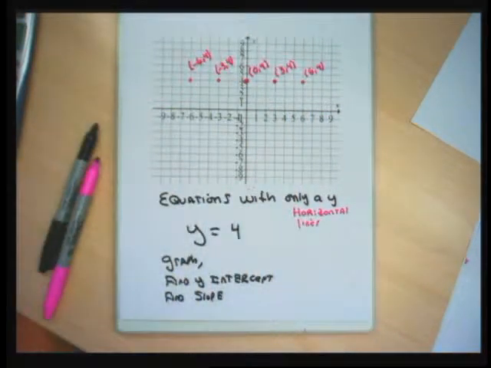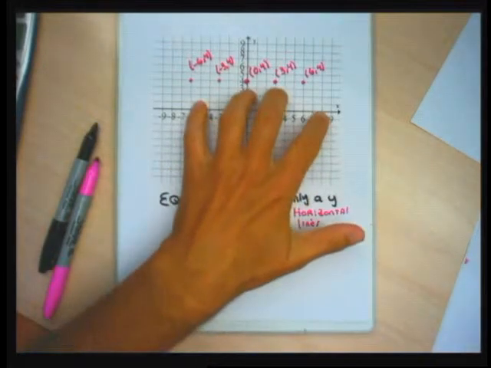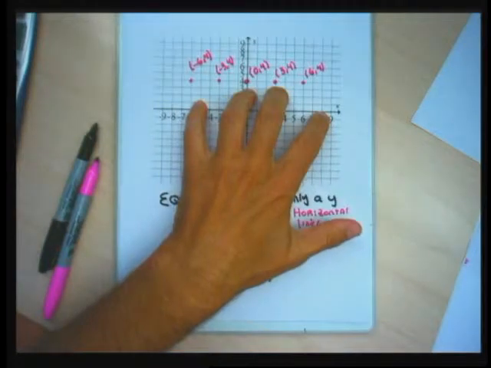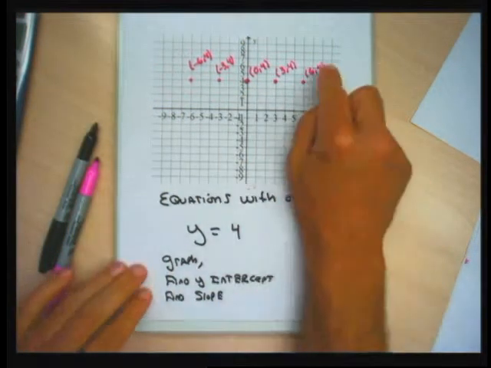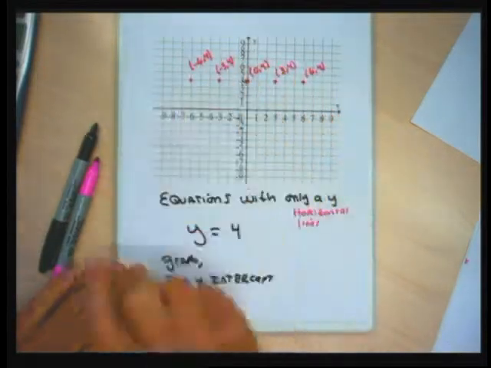I plotted maybe way more points than I needed, but I wanted to emphasize all of these points have to be on the line y equal to 4, because the only criterion to be on the graph of the line y equal to 4 is that the y coordinate of the point is 4.